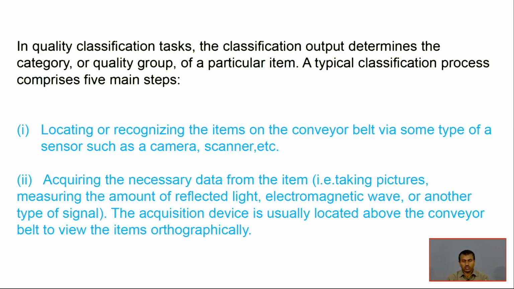So, it is also an electromagnetic wave, a light wave, that we have used, and the camera sensor is placed on top of the conveyor, so that I can get the image orthographically.